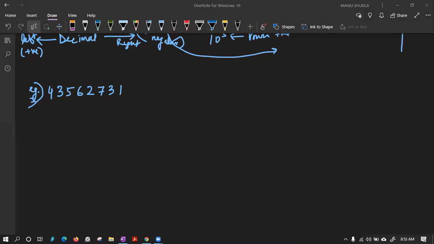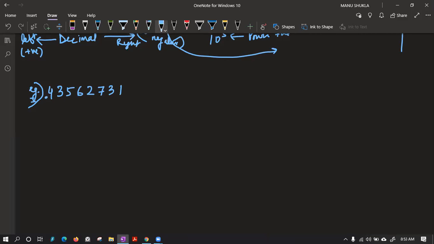Class, you can observe there is no decimal at all in this number, but we have to write it in standard form. So we need to understand where we can put the decimal from our side so that the value of the number is not changed. If I put the decimal before 4, are we changing the value of the number?